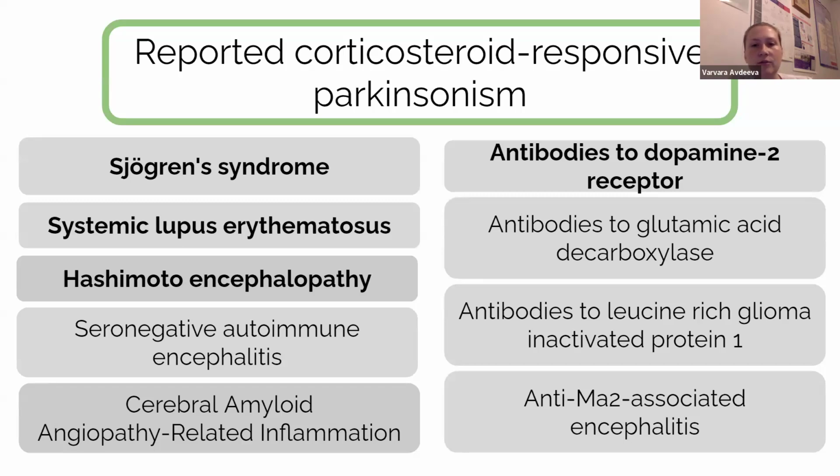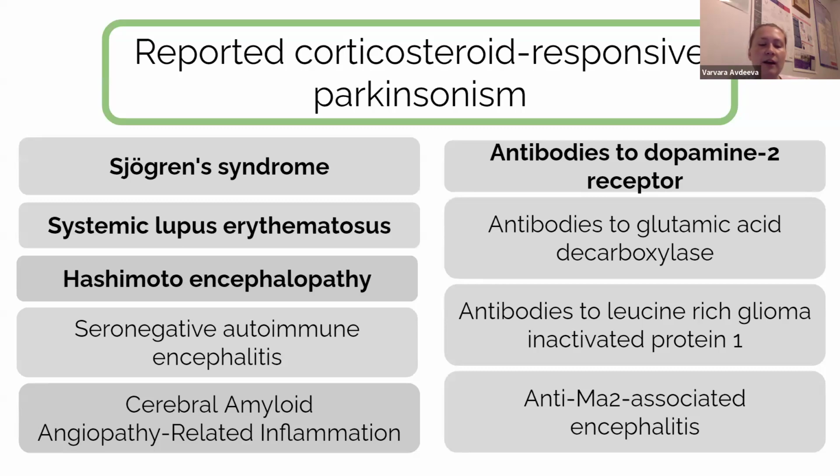Some of them are presented on my slide, and I want to speak more about Sjogren's syndrome, systemic lupus erythematosus, Hashimoto encephalopathy, and people with positive antibodies to dopamine 2 receptor. But also I want to mention that steroid-responsive Parkinsonism can be seen in seronegative autoimmune encephalitis.